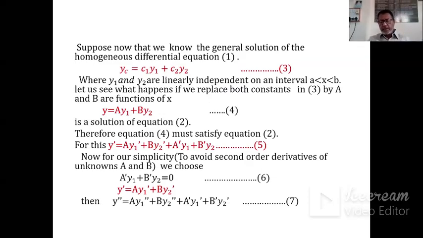We call this equation number 6, and we want to use this equation later on.